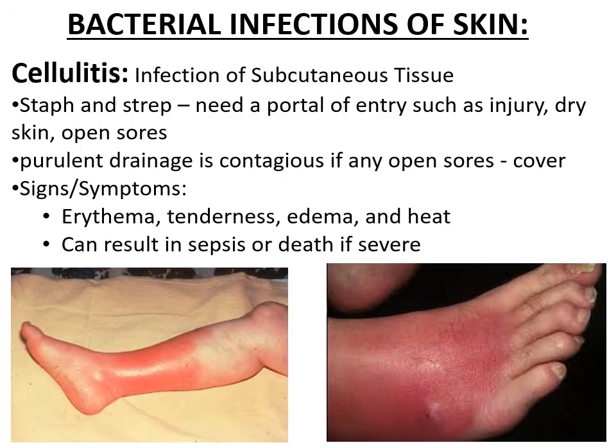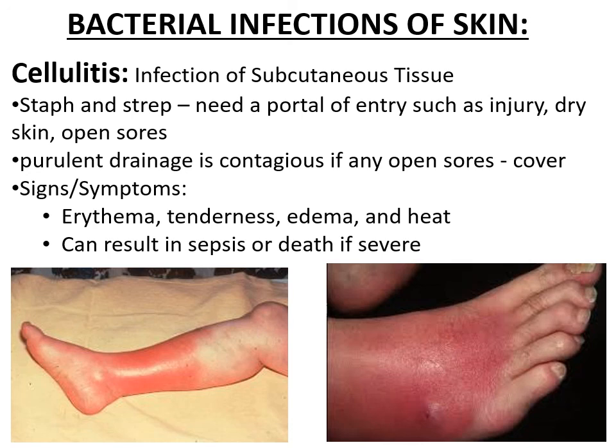Okay, the next bacterial skin infection, cellulitis, much more significant. Okay, this is not just a surface infection. This is an infection that's gone into the subcutaneous tissue. And typically, it's also caused by staph or strep bacteria. Okay, because that's often what's on your skin to begin with. And most of the time, there needs to be some kind of a portal of entry.